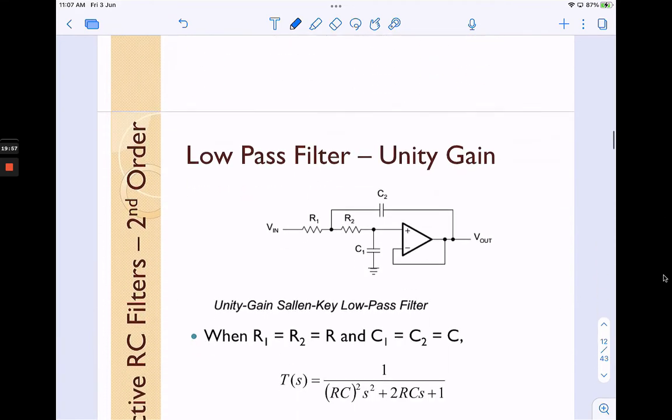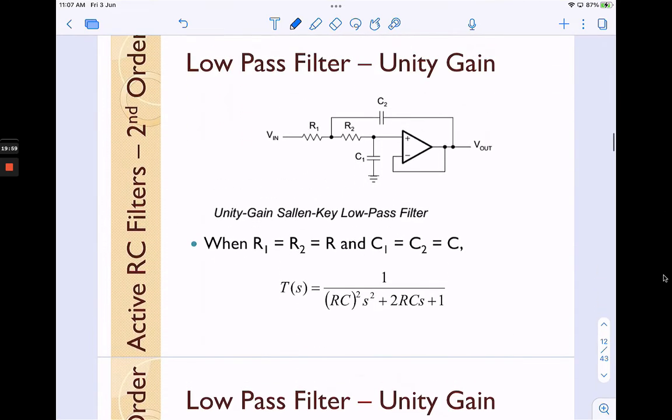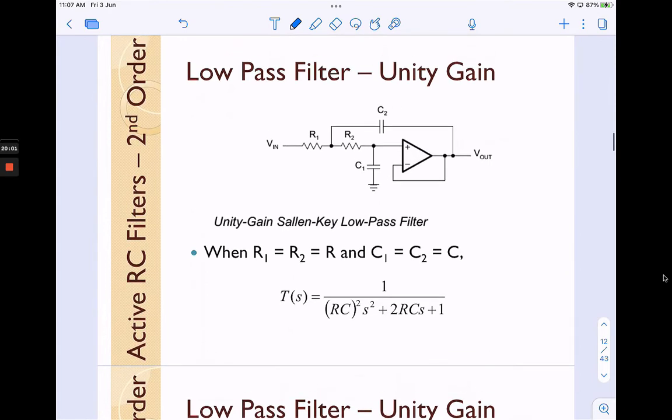Alright, so this is a low pass filter unity gain Sallen-Key. As usual, when we talk about a low pass filter, what comes first after the voltage in is the resistor. Okay, so we have the resistor, and then in feedback we have the capacitor, and the capacitor is connected to the ground.